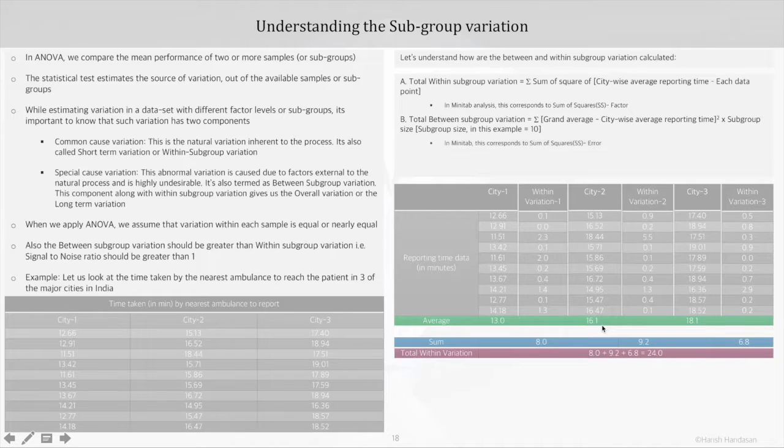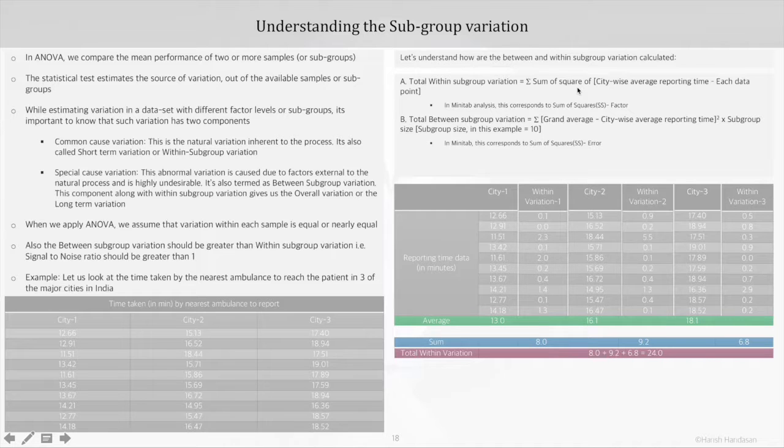Then second, we come to the total between subgroup variance, which is given by the total of the square of the distance between overall mean and city-wise or factor level-wise mean multiplied by the subgroup size. Here in our example, each city has got 10 data points.